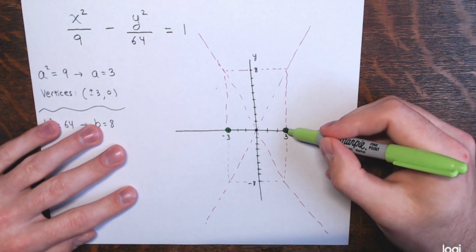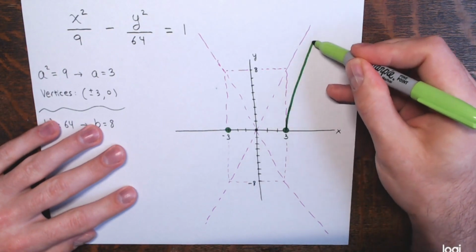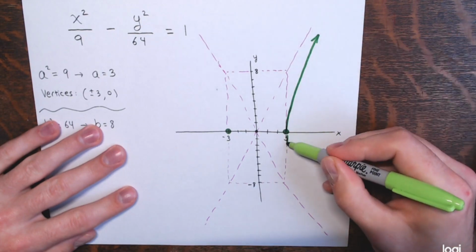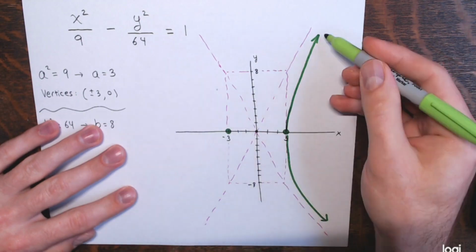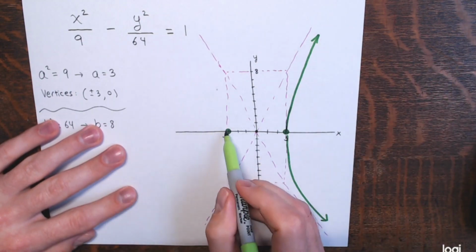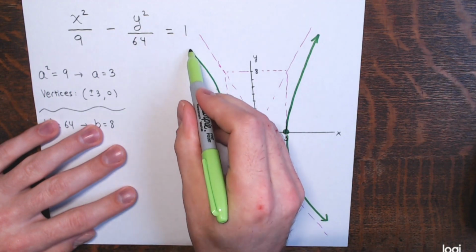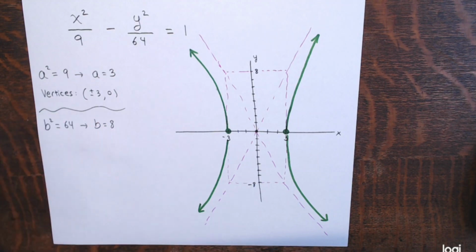From the vertex, just follow along the box for a little bit and start branching out, and then have it approach the asymptotes. That might be a crappy looking curve, but it's still going to be a curve. That all contains solutions to this equation, and same thing over here. Very similar looking. Okay, there it is. There's the graph of this hyperbola.